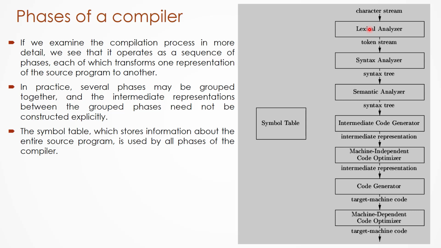So here we have 7 phases: lexical analyzer, syntax analyzer, semantic analyzer, intermediate code generator, machine independent code optimizer, code generator, machine dependent code optimizer, and also we have a symbol table. Symbol table we already discussed in system programming. Anyway, we are going to study the details of symbol table in this subject also. We will look at the phases one by one.